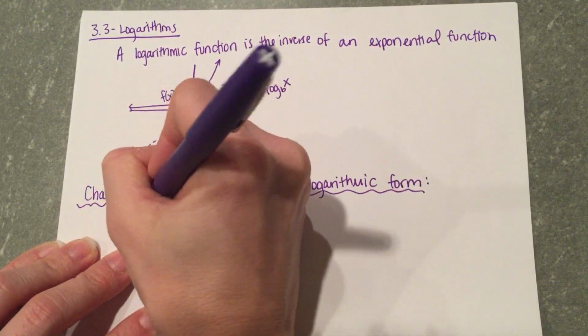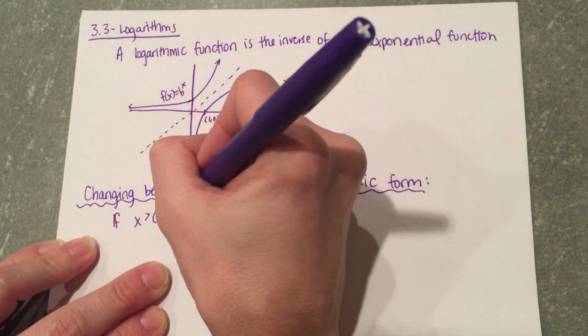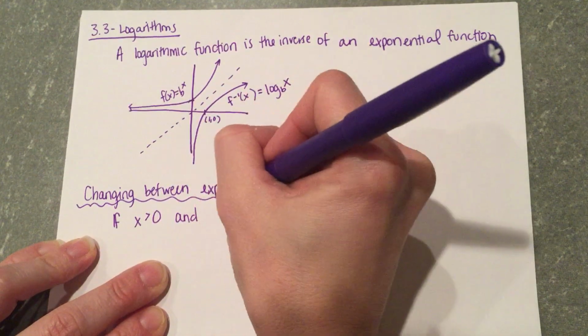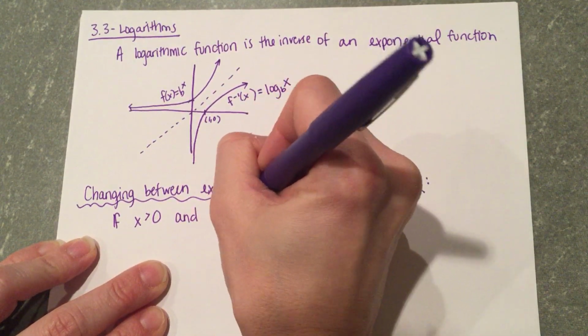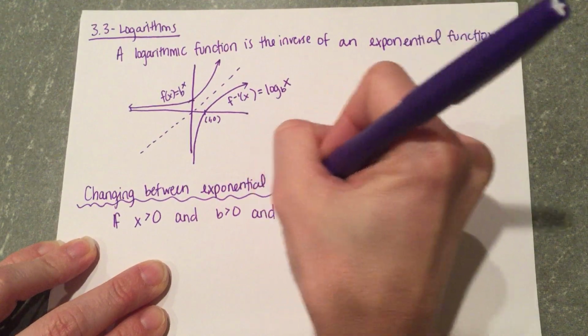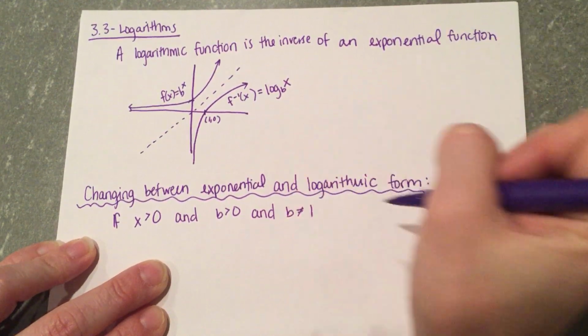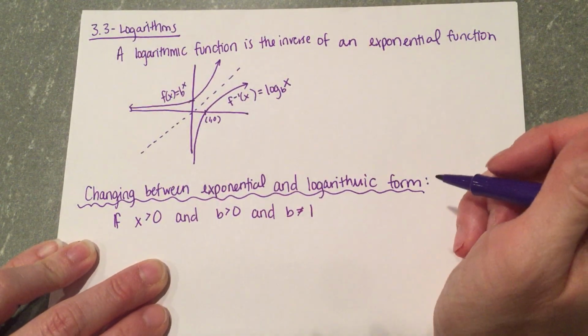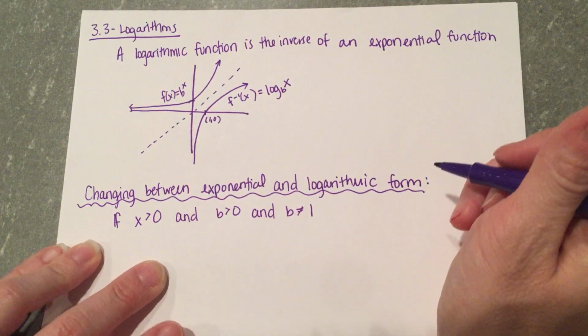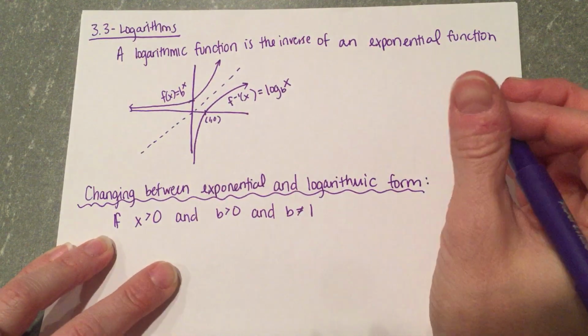If x is greater than 0 and b is greater than 0 and b does not equal 1, so we don't want to have 1 as our base because that's just not very interesting. We're only looking at positive bases when we're talking about exponential and logarithmic functions.